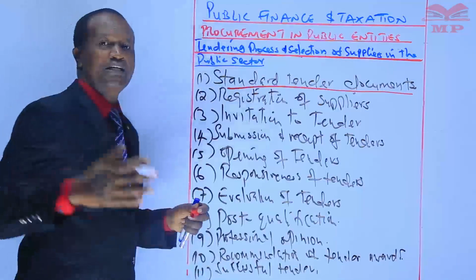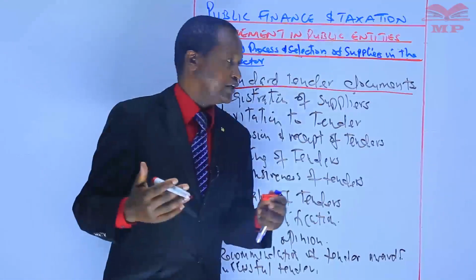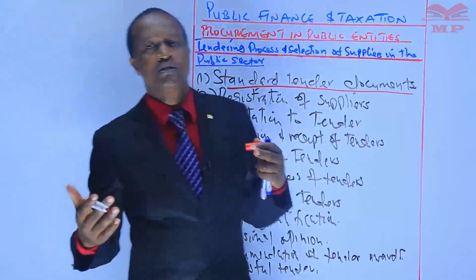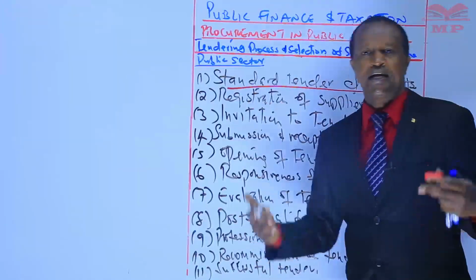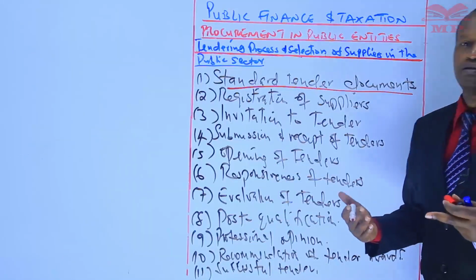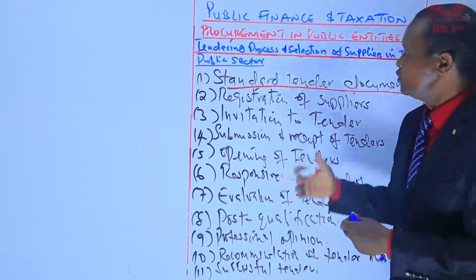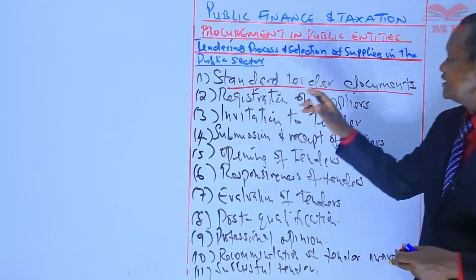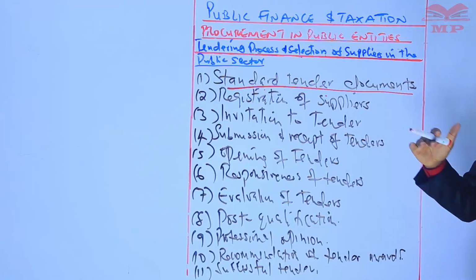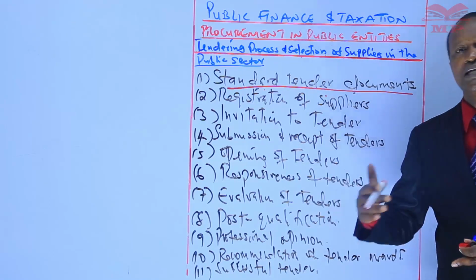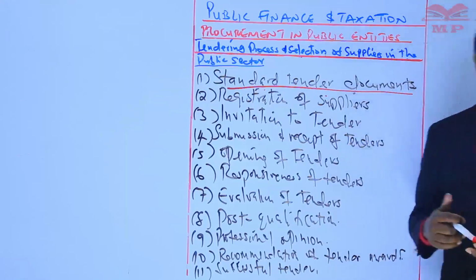Standard tender documents. Now, the authority is required to issue what we call standard tender documents for procurement and asset disposal.